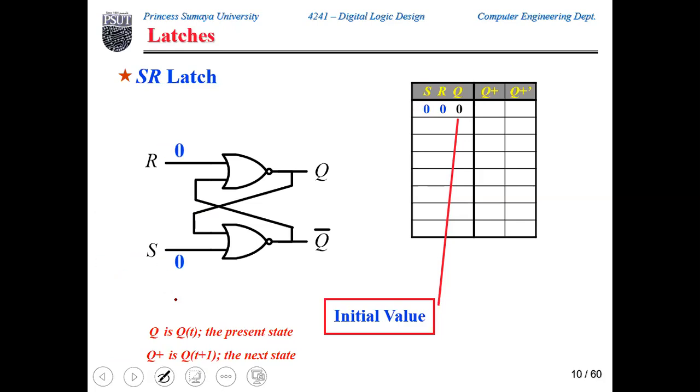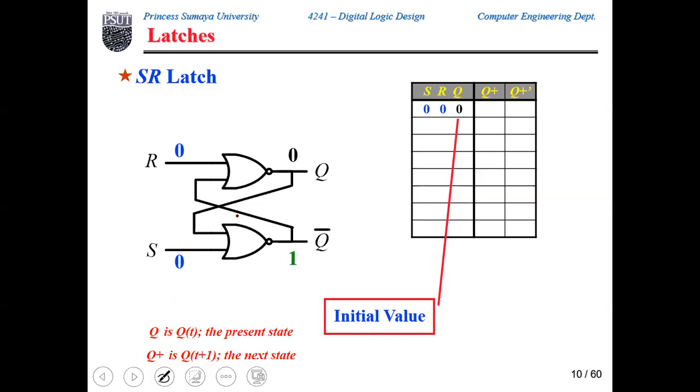So now we set S and R to 0, 0, and Q is 0, which implies that Q bar is 1. Now, if I tell you this is the current situation, what is the new value for Q? To analyze this, let's take this NOR gate.